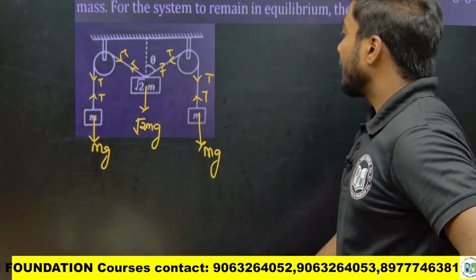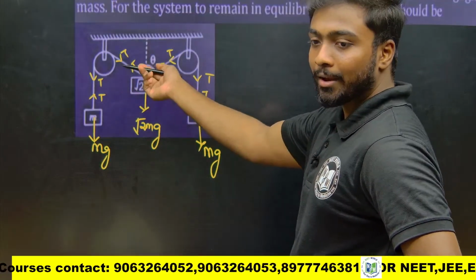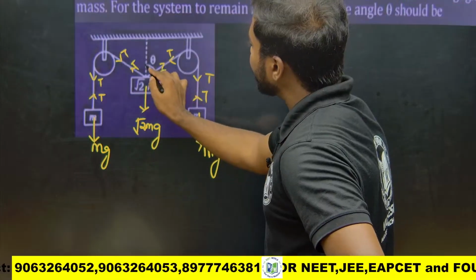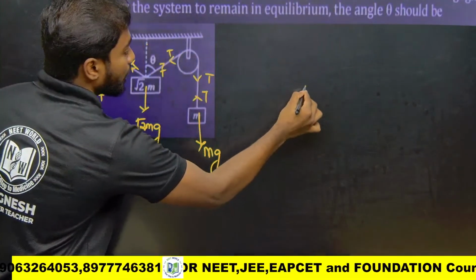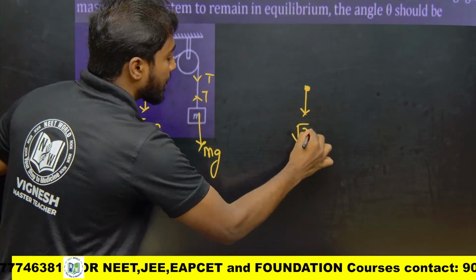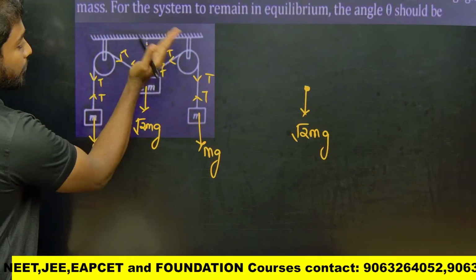Okay. Now this is angle theta, right? And this one will be again the same angle theta. Now this is root 2 mg, making an angle theta in this case.